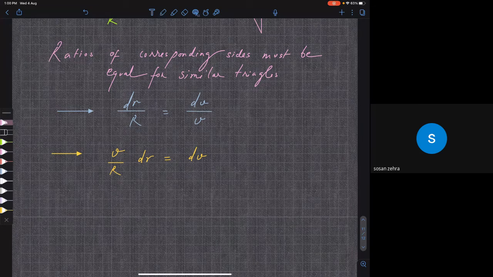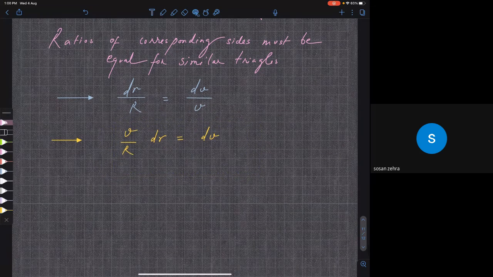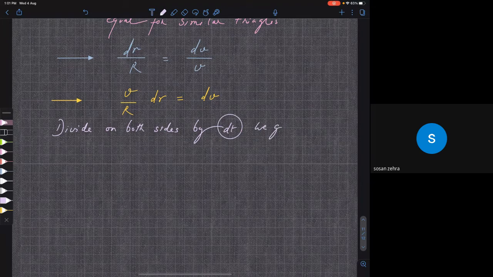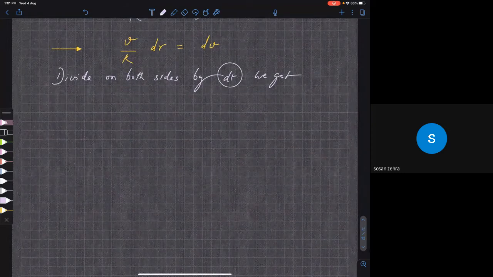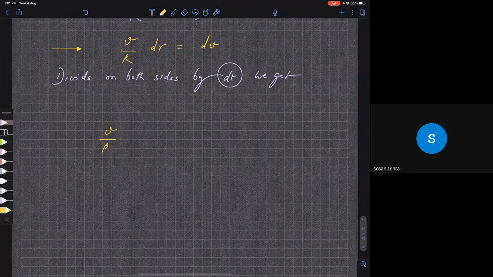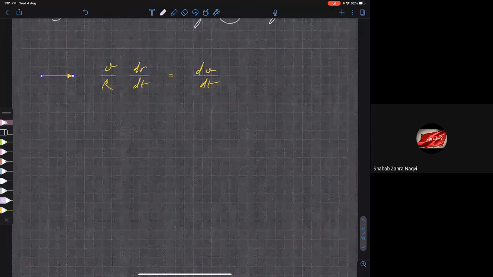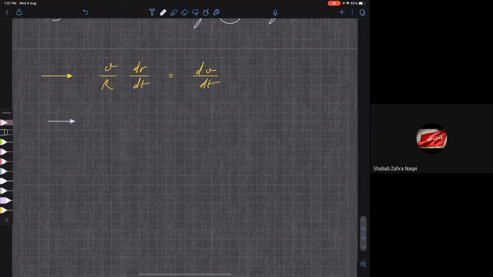Now if I divide both sides by dt, we get v by r dr by dt equals dv by dt. What will dv by dt be? Acceleration. The magnitude of acceleration. Do you agree?